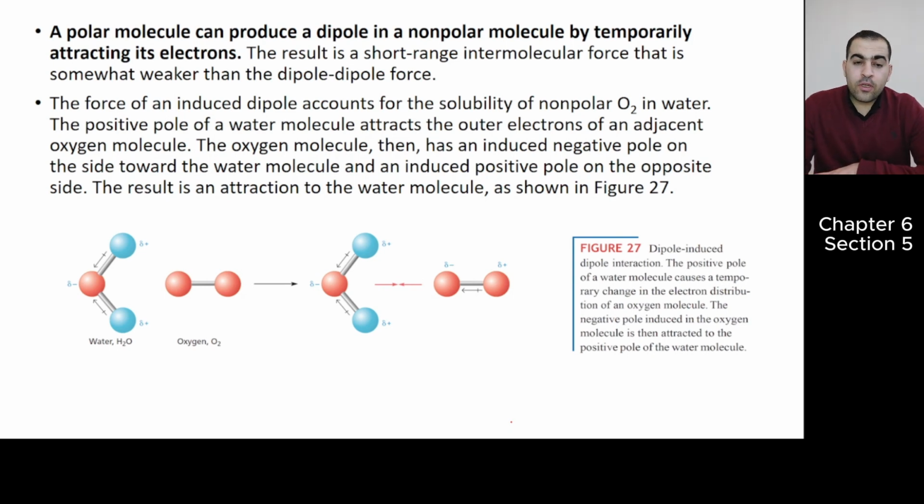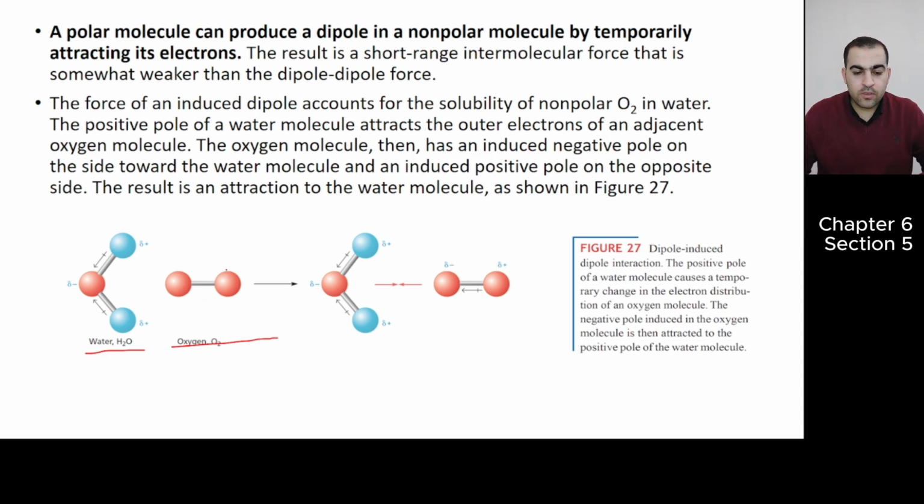A polar molecule can produce a dipole in a nonpolar molecule by temporarily attracting its electrons. Between polar molecules, we have dipole forces. What about between a polar and a nonpolar molecule? There is a force of attraction. How does it happen? This is water, which is polar. Oxygen is a diatomic molecule of the same type of atom, so it's nonpolar.